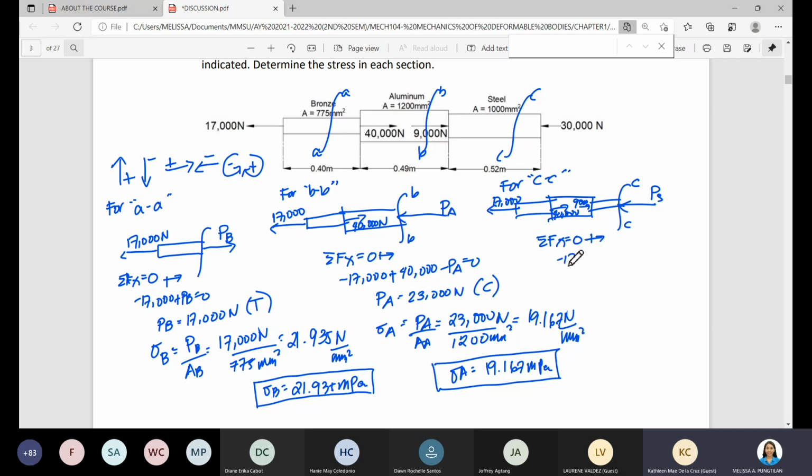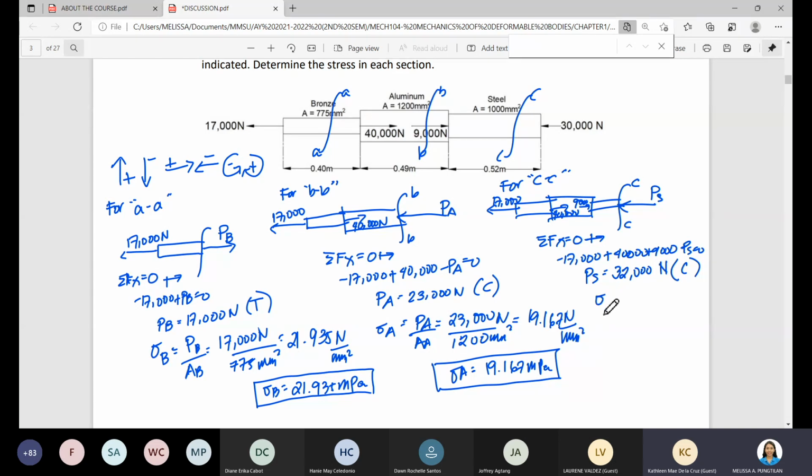So we have negative 17,000 plus 40,000 plus 9,000 minus PS is equal to 0. So the force at this steel section is equal to negative 17,000 plus 40. So we have 32,000 Newton. And compression siya.